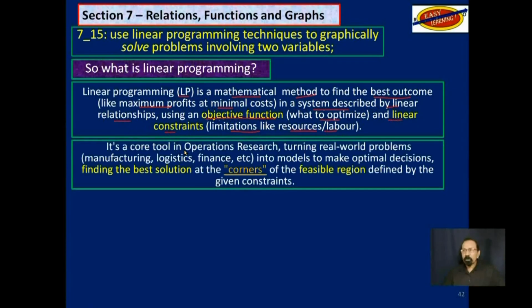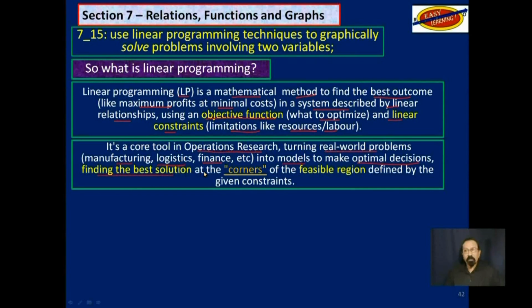It is a core tool of operations research, turning real-world problems like manufacturing, logistics, finance, and so on, into models to make optimal decisions. That is, finding the best solution.